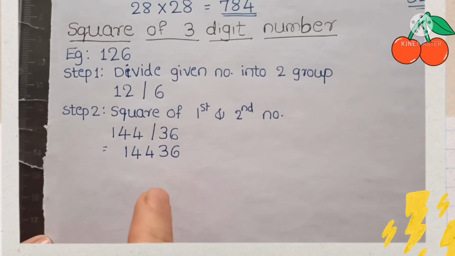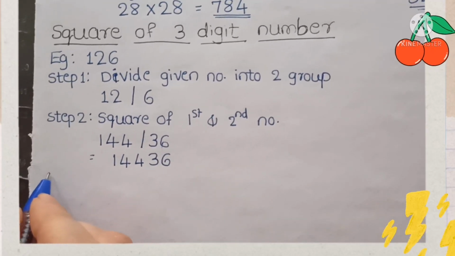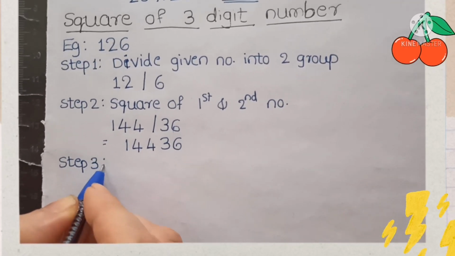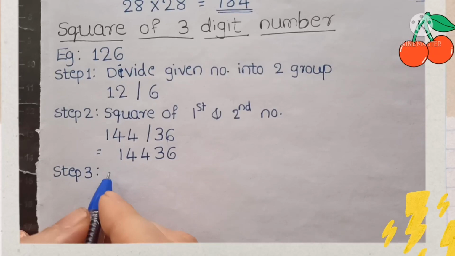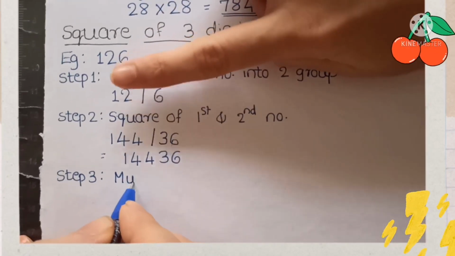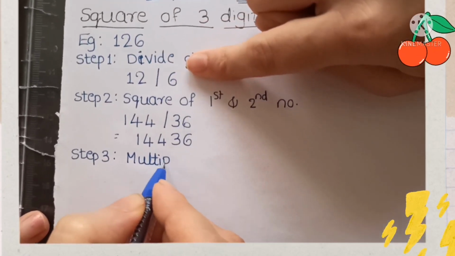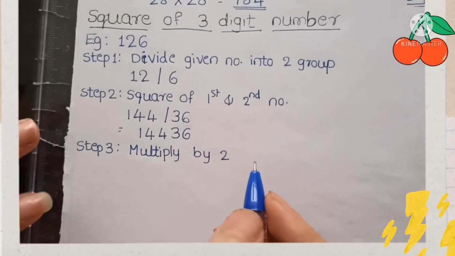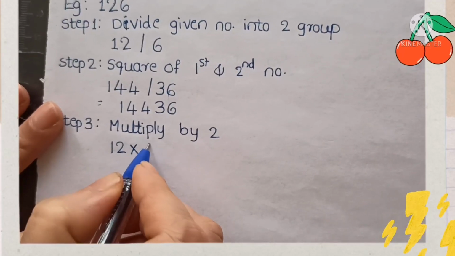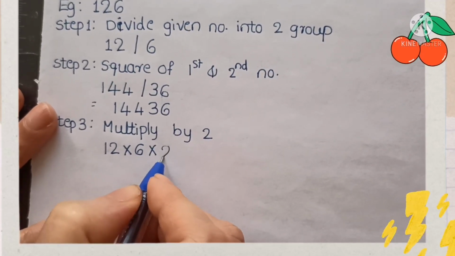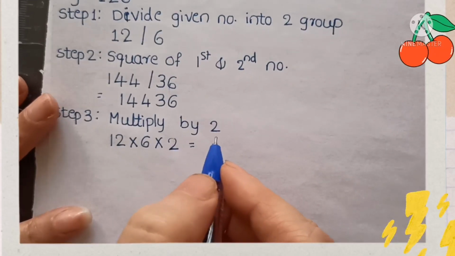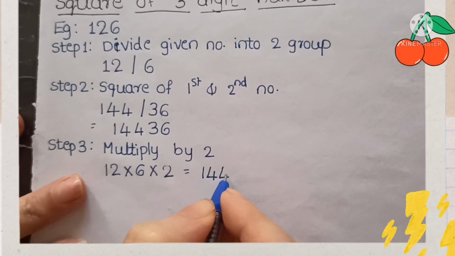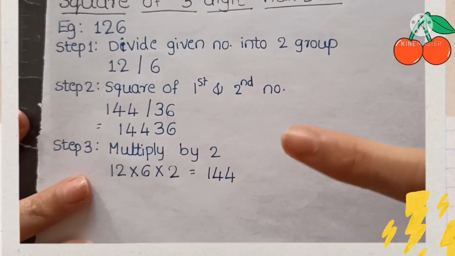So let's see our step 3. In step 3, we have to multiply both the numbers, meaning both groups 12 and 6, with 2. So it becomes 12 into 6 into 2. This is the same step as in squares of any 2-digit numbers.